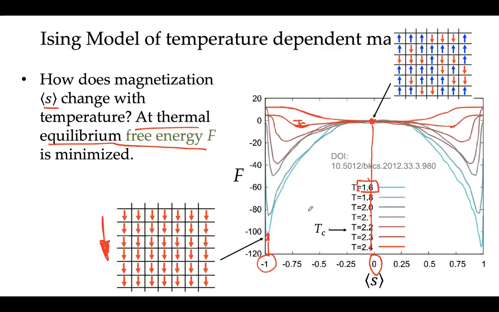You may ask, what is this dip for? Well, that minimum is actually for the same thing, except all the spins are up. So that corresponds to the case where, again, low temperature, but in this case, all the spins are up.